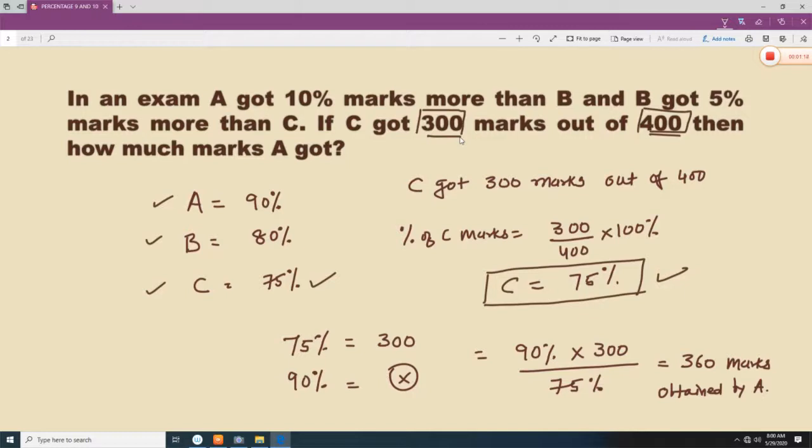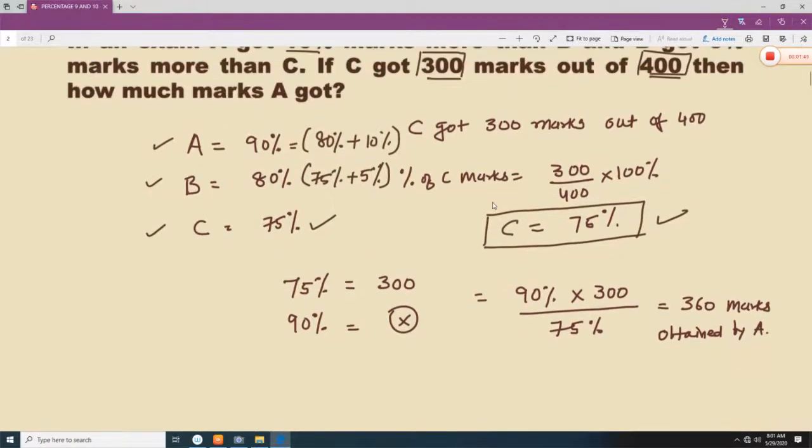Now B is getting 5% more than what C is getting. So this 80 is nothing but 75% plus 5%. And A got 10% more than B. So B got 80% and A got 10% more than B, so that is 90%.